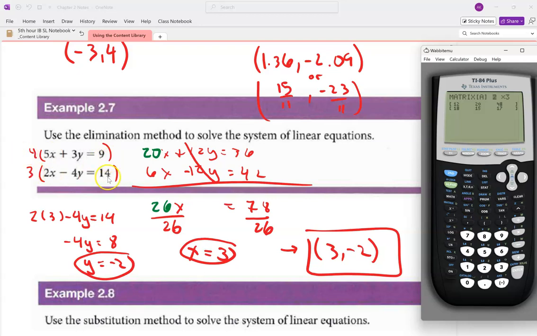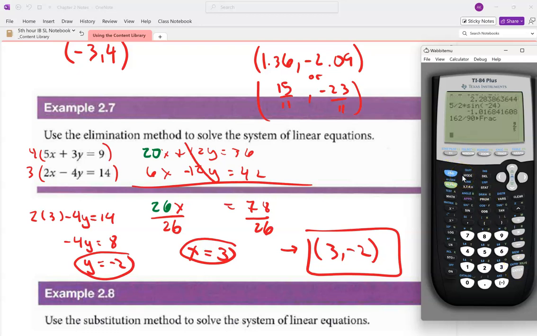I have 2 rows, 1 for each equation, and 3 columns, 1 for the x's, 1 for the y's, and 1 for the solution. Then I'll type in the coefficients as they appear: 5, 3, 9, and then 2, -4, and 14.